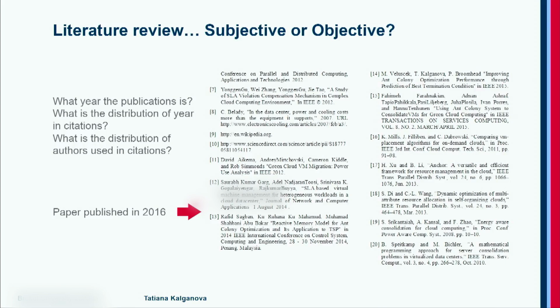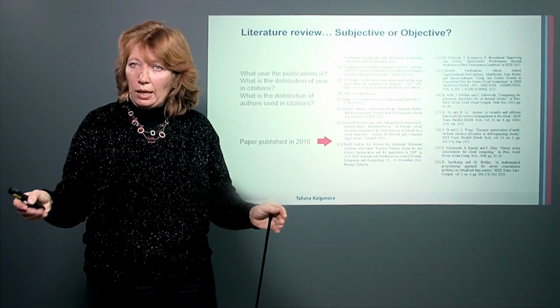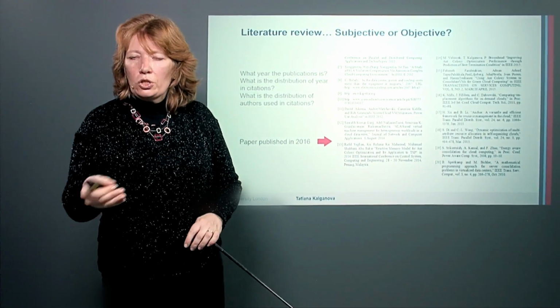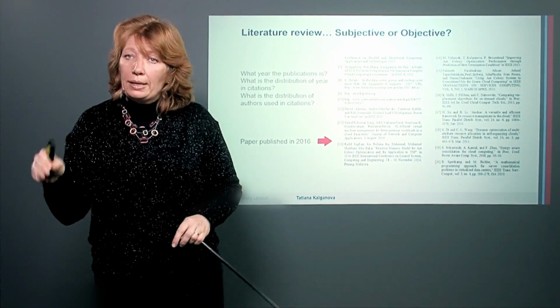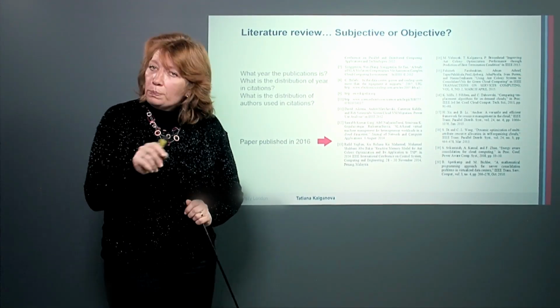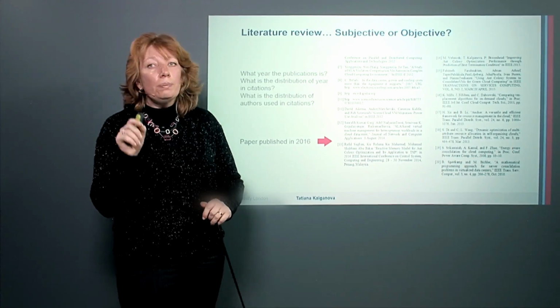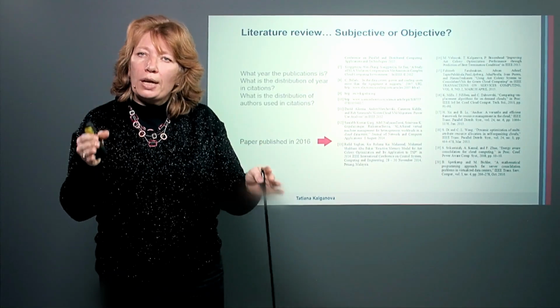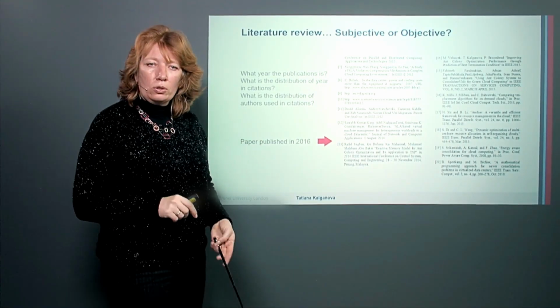Can you see that this particular example covers the latest publications which could be found in this area? It means that in terms of the distribution of years of papers, we are covering the most fresh, the most advanced literature, the most advanced work that has been done in this area. From this point of view, our literature review will be objective. It will be objective because it covers the most fresh work being published.